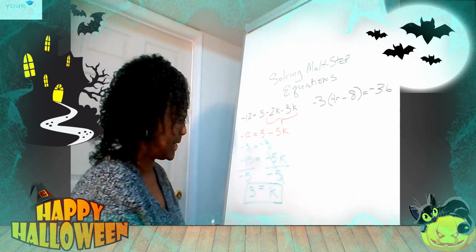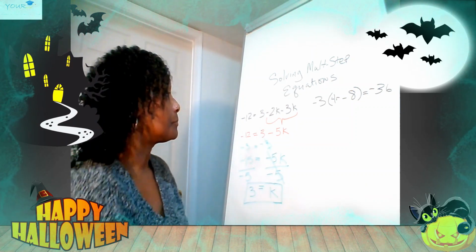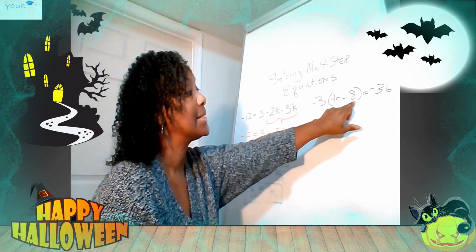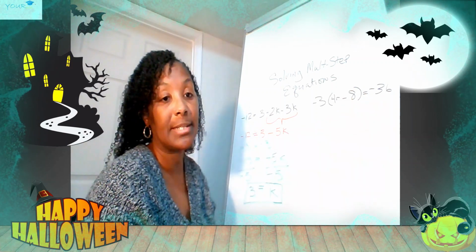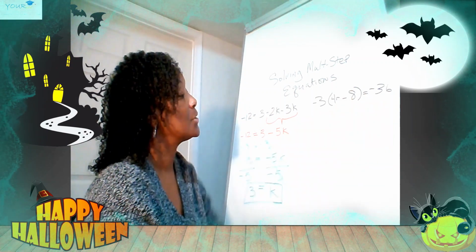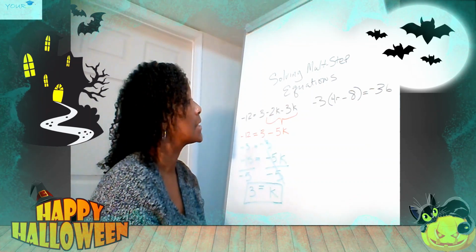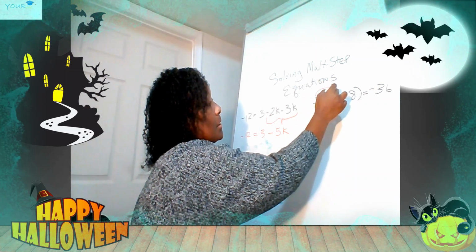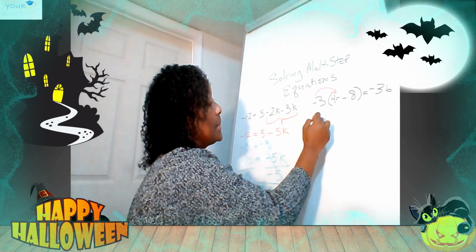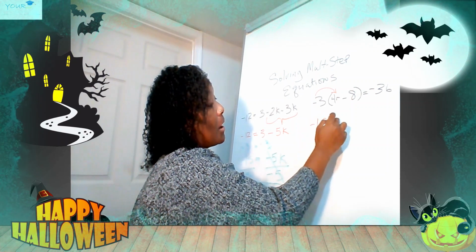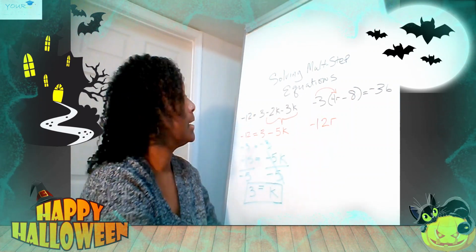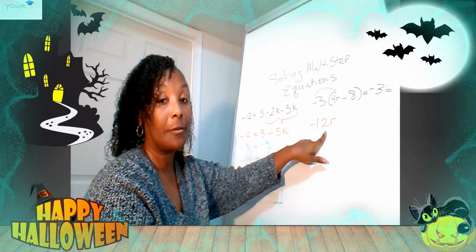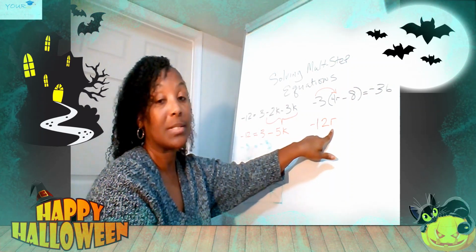So now let's look at the other example here on the board. We have negative 3 times 4r minus 8 equals negative 36. This requires me to utilize the distributive property. In doing so, I have a negative 3 times 4r, which will give me a negative 12r, because a negative times a positive will give me a negative, and 3 times 4 is 12, and I bring down my r as well.